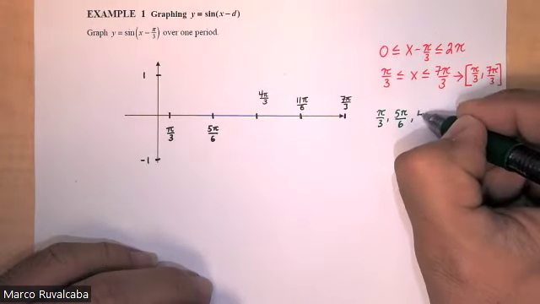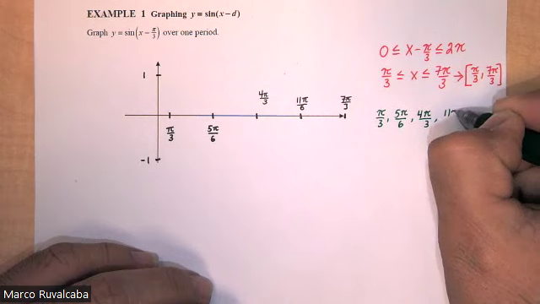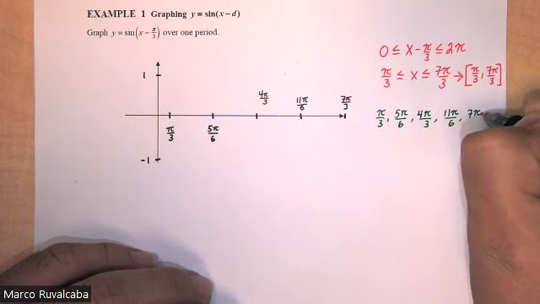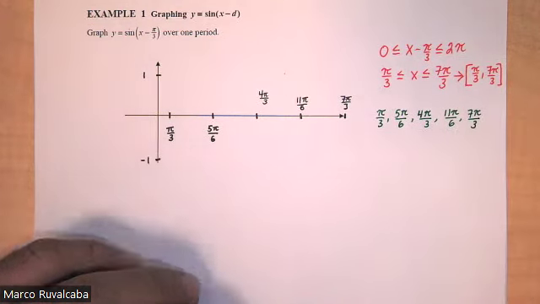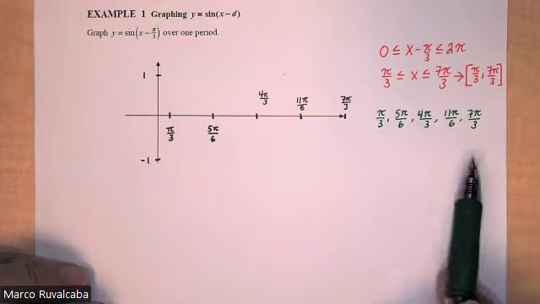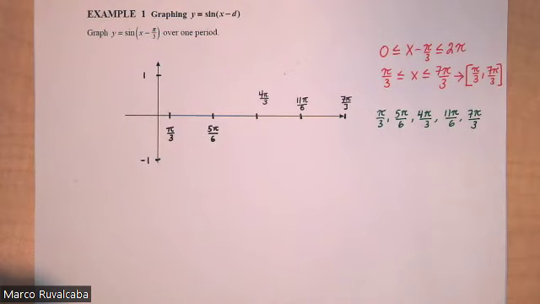You keep adding pi halves to get your values, and just make sure your arithmetic is spot on. And so those are the values where this sine curve is going to go through the period.